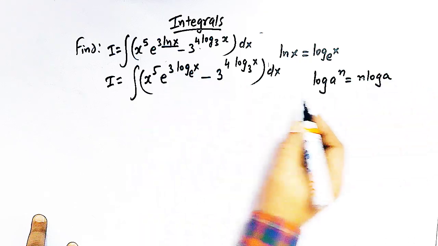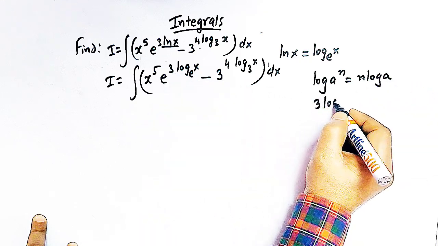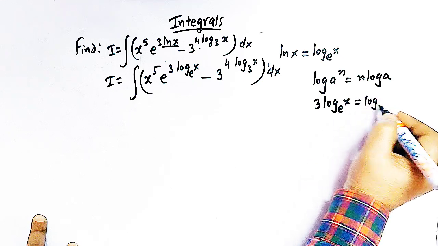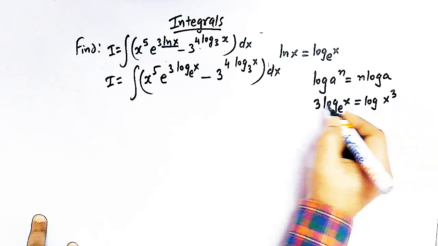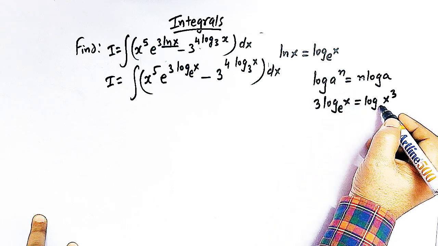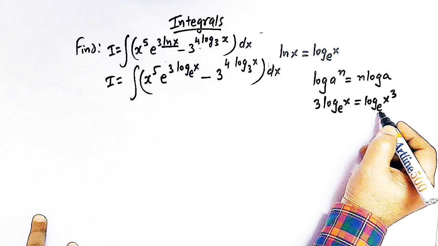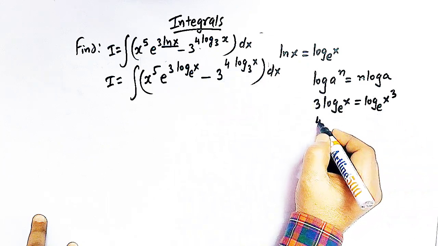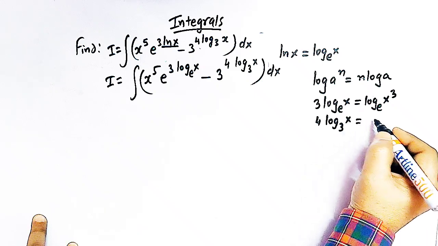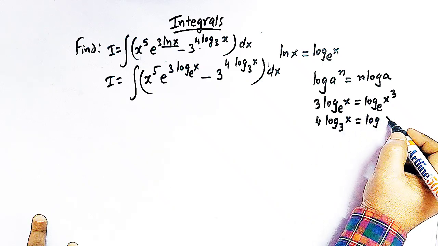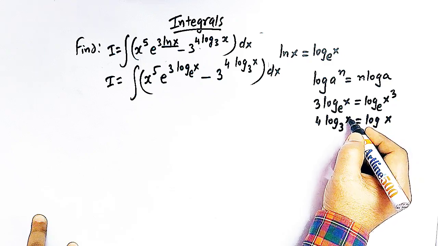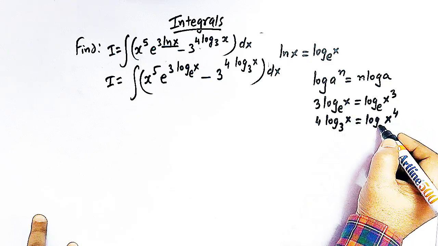So here we can write 3 times log of x to the base e as log of x raised to 3, taking this 3 as the power of x, and here we have the base e. And similarly here we can write 4 times log of x to the base 3 as log of x raised to 4, taking the 4 as the exponent, and here we have the base 3.